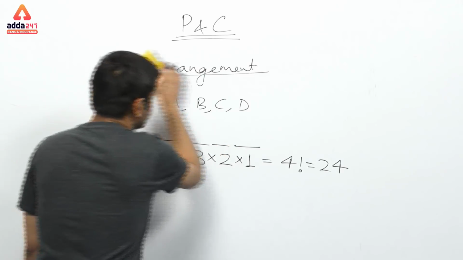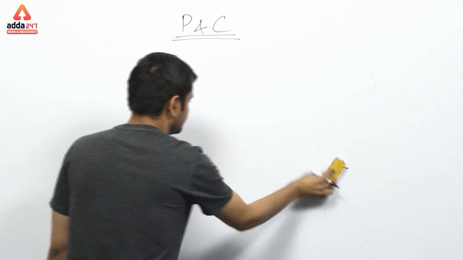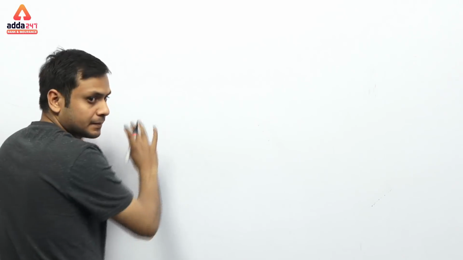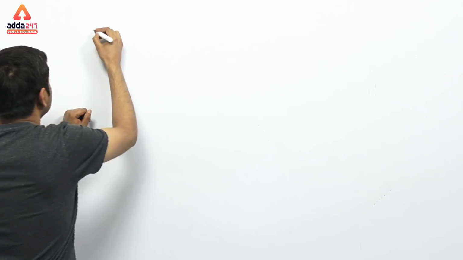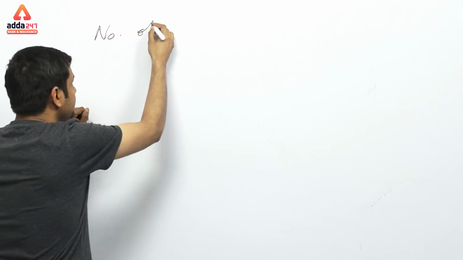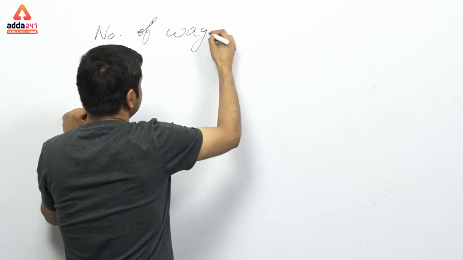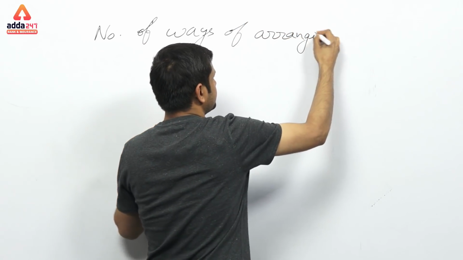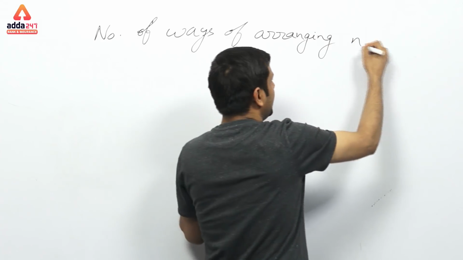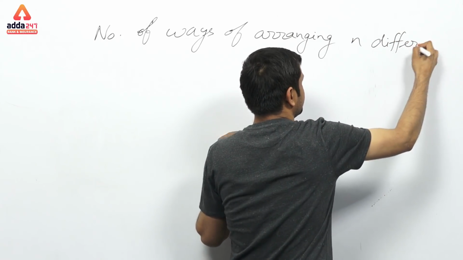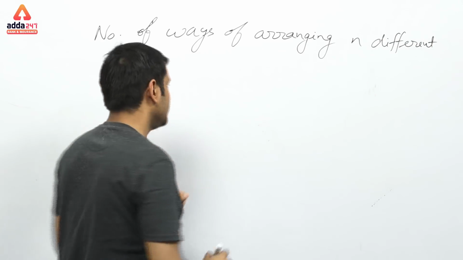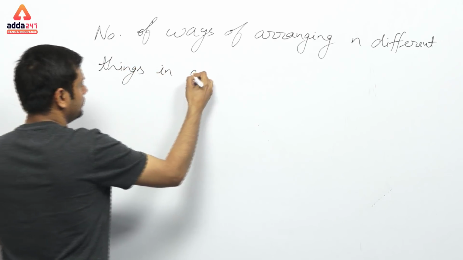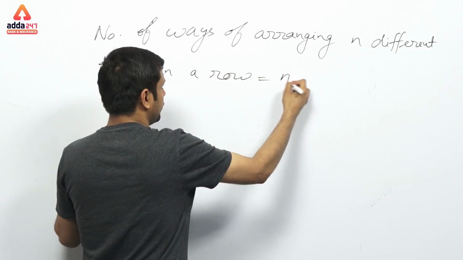What we can write here, the number of ways of arranging n different things in a row is given by this formula, it is n factorial.